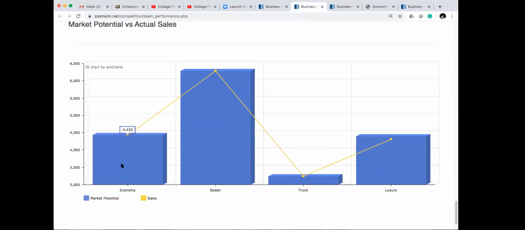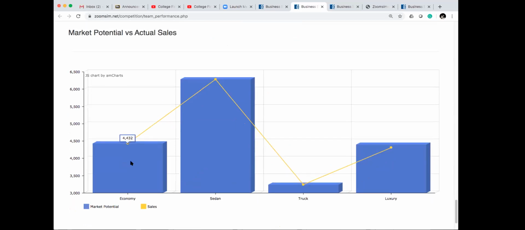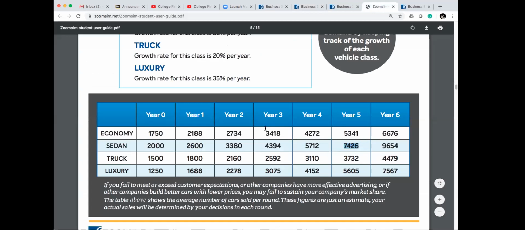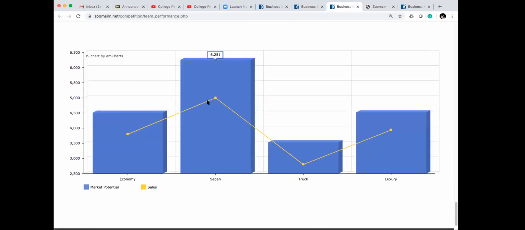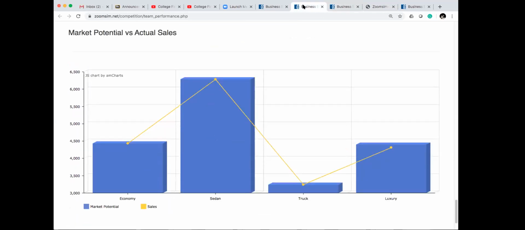So again, if you look at year 4 here, you should have been 4,000, 57, 3,000, 4,000. And you did, this is the other team. Okay, so you did well in sedan. So you met all your demands.